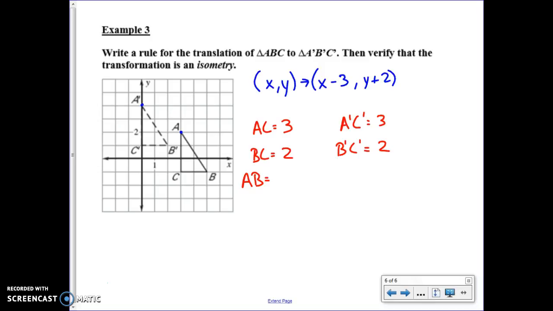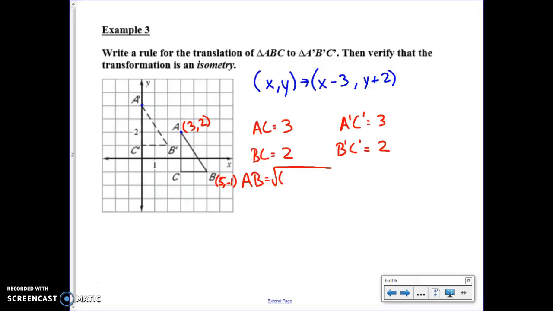So let's see, A is at 3, 2, and B is at 5, negative 1. Subtract your x values.